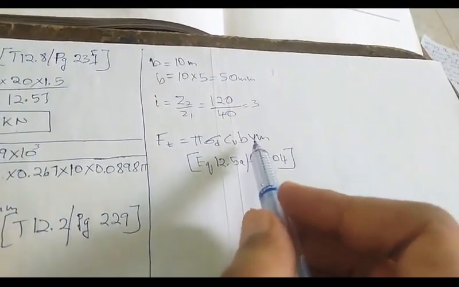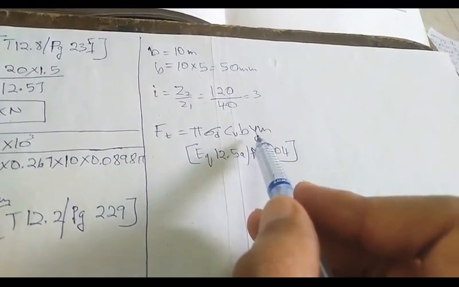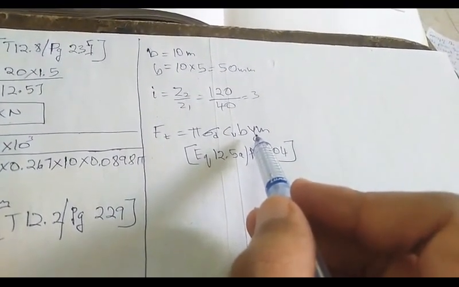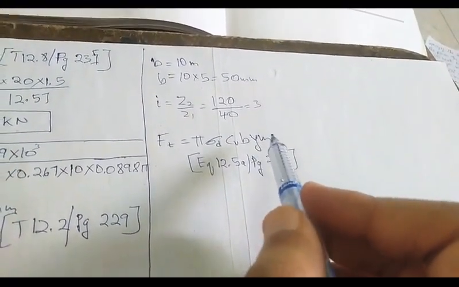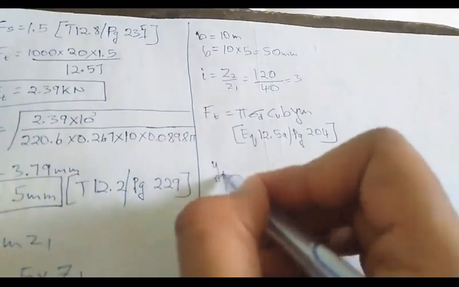The one change is for Y. In starting of the problem I had taken Y as Z as 20, but now I have found the exact values of Z1 and Z2, so I'll change the value of Y.